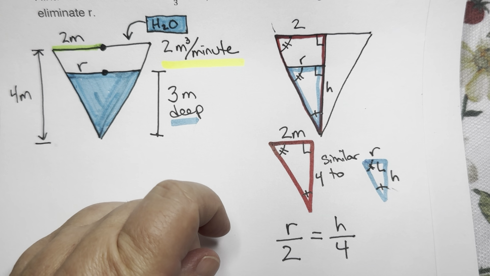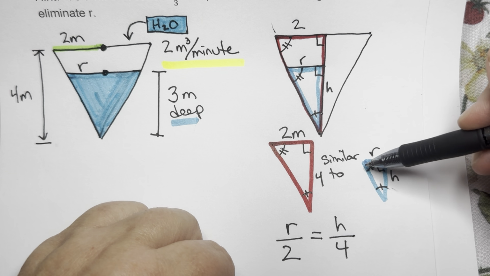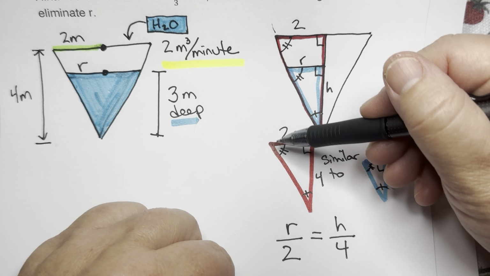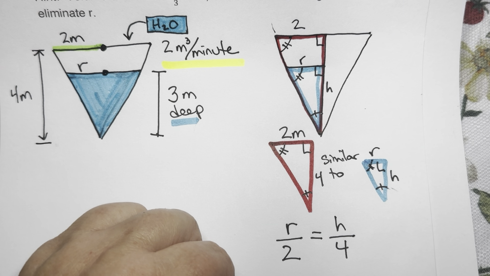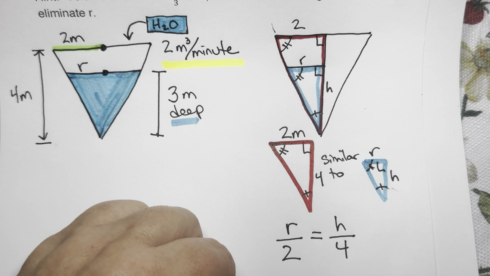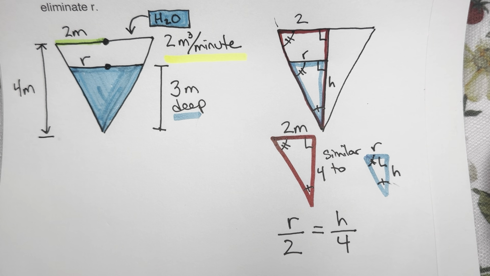And in fact, if we wanted to, we don't need to, but the little hypotenuse would be matchy-matchy with the big hypotenuse. So we could set up another ratio, but we're not going to use it. So I'm not going to put that there in the notes and have it be confusing. Okay, so I've got similar triangles.